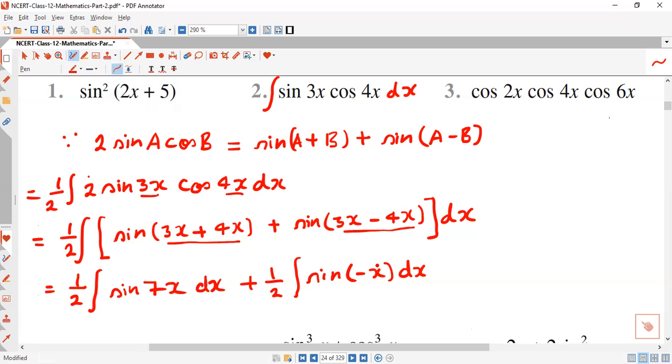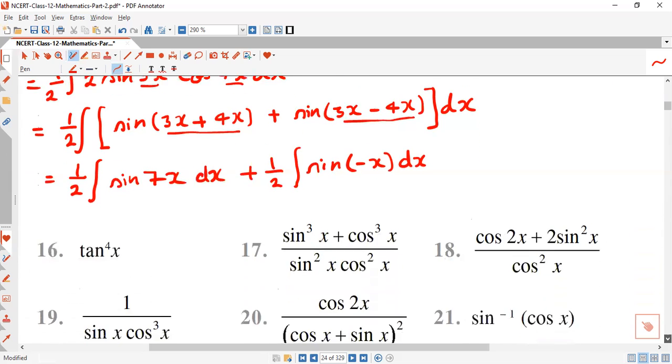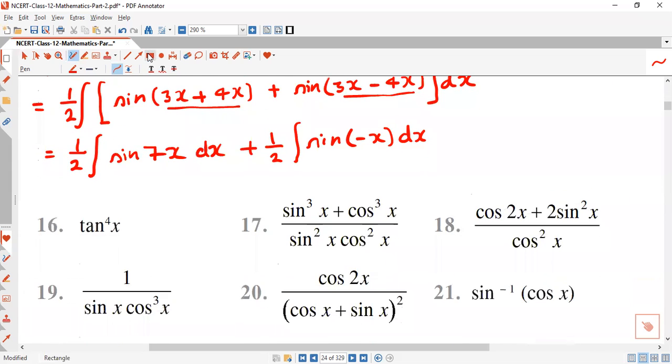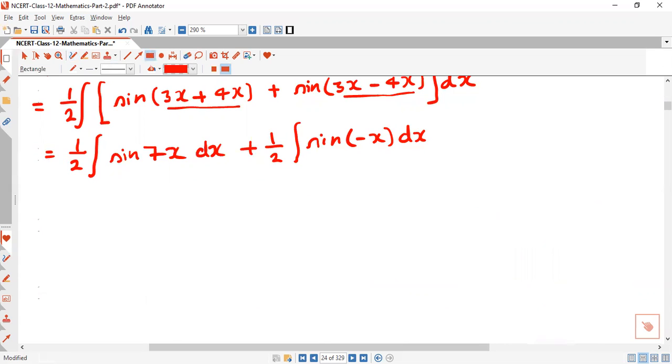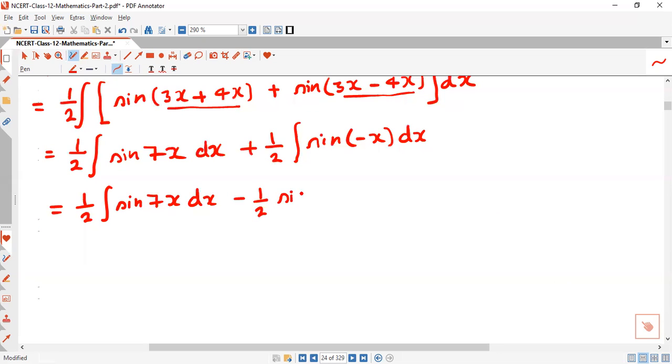Since we know sine functions, we are not solving this part separately. Half integration of sine 7x dx, plus half integration of sine(minus x) dx.